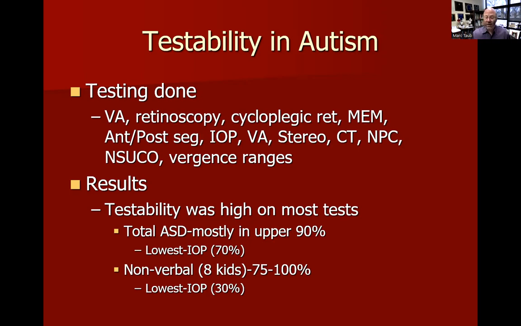So as you can see, in just traditional testing, they were very successful in getting the testing done 90% of the time on most of the kids, but then 75 to 100% in the nonverbal kids.